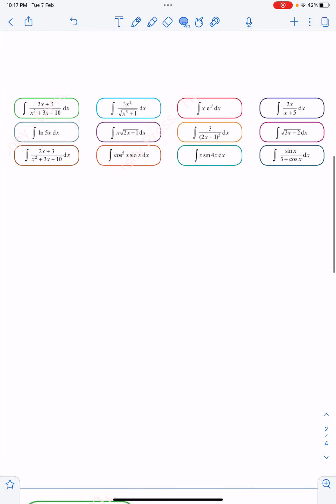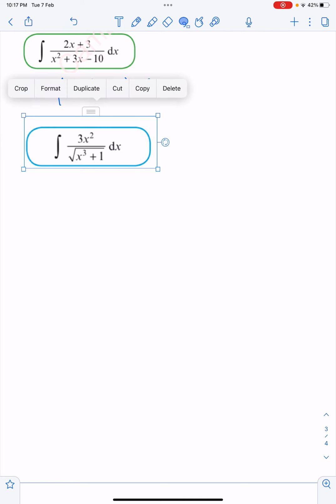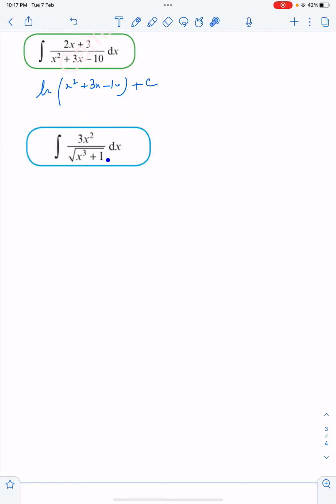Okay, the second question which we have here is 3x squared upon the square root of (x cubed + 1). What we notice is that the differential of this is 3x squared, which is already found here.